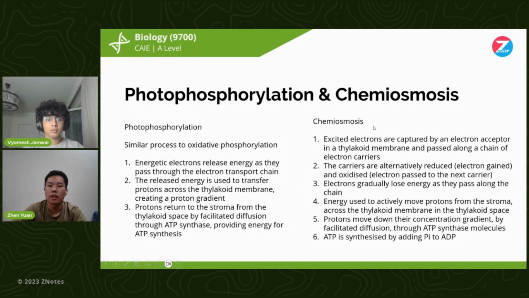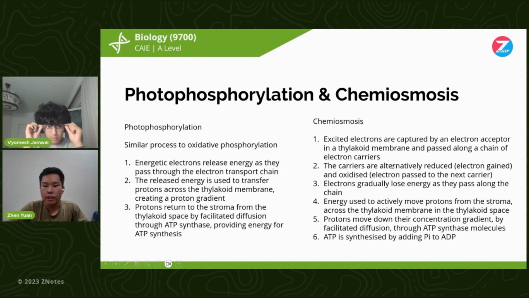And let's recite the stages for chemiosmosis again. So excited electrons are captured by an electron acceptor in the thylakoid membrane and passed along a chain of electron carriers, which are your electron transport chain.